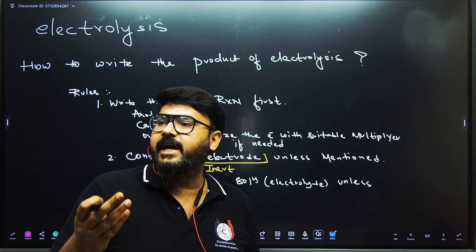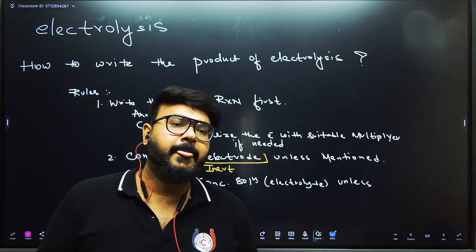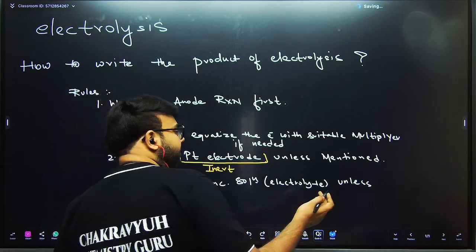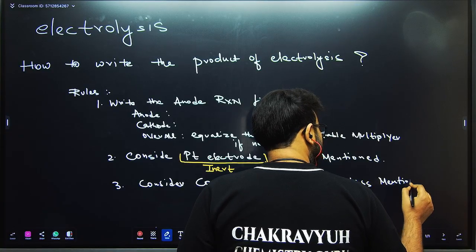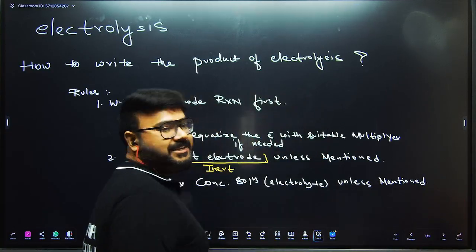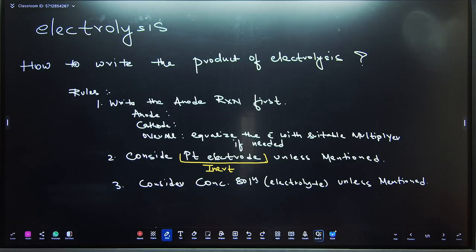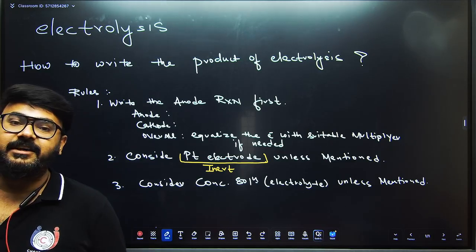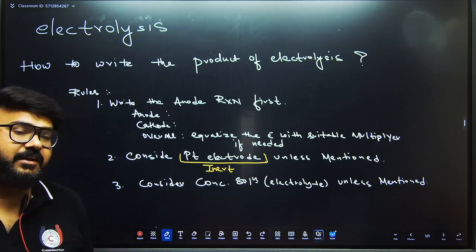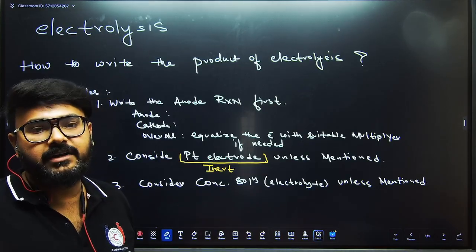If molten, dilute, these things are not given, what will you consider by default? You will consider it by default concentrated. Okay. So guys, these three things you have to keep in mind. Simple. All right. So if it says molten, then things are different. If it says dilute, things are different. But if nothing is mentioned, you will by default assume the electrolyte is concentrated.